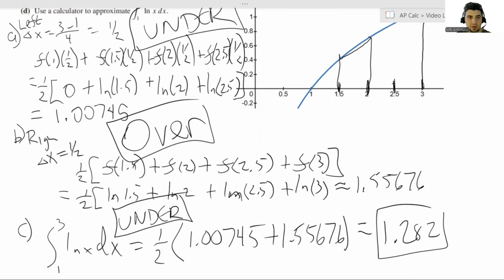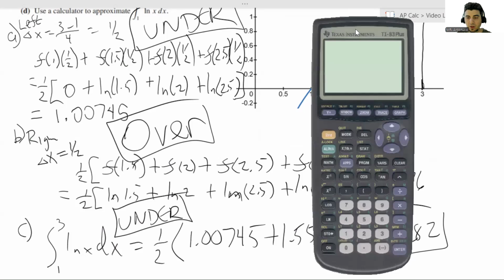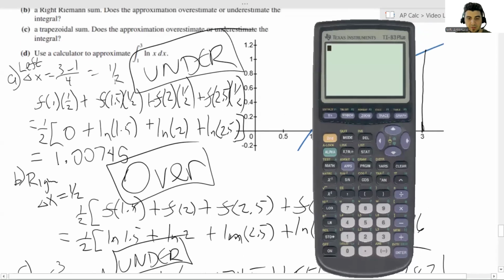Okay, so this brings us to the last part here where we're actually going to get the calculator to approximate it. So we'll turn the calculator on, hit math, and then we scroll down, I believe it's number 9, integrals. And then we put the function in, natural log x, comma x, comma 1, comma 3.